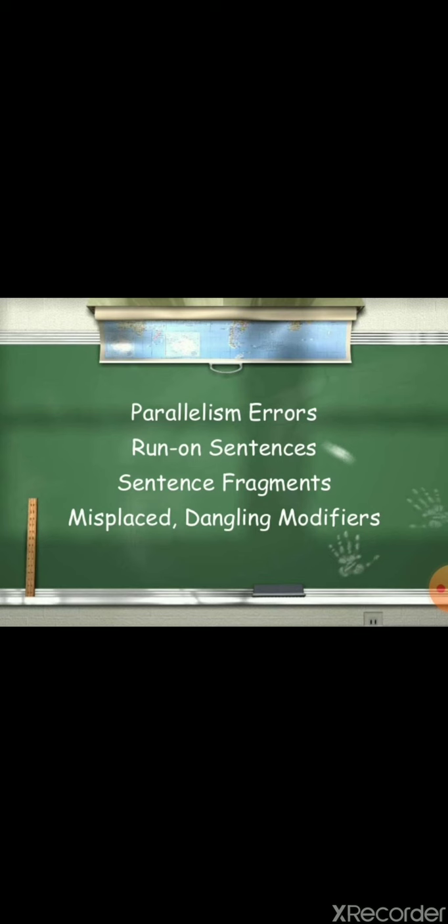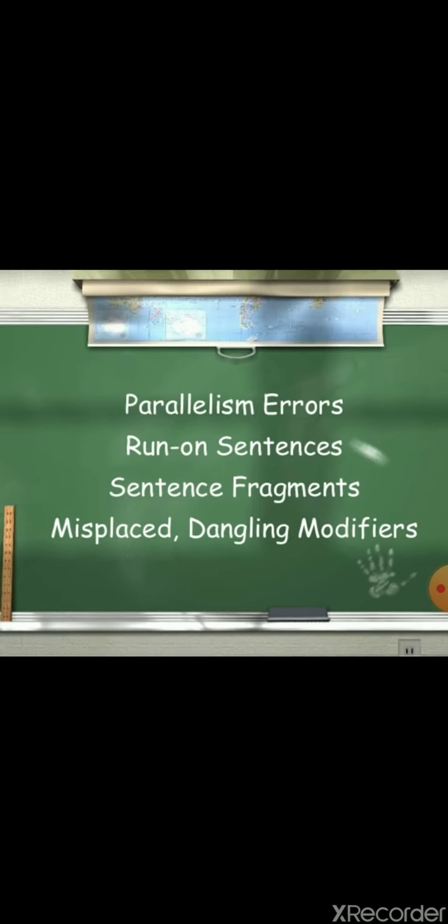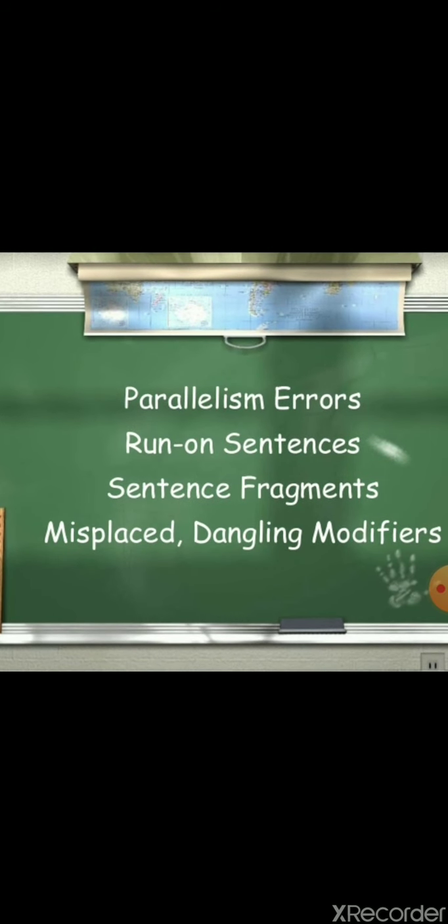Now sentence fragments. What is that? Very simple to understand. Just with the word you can realize the meaning. Sentence fragments means the breakage. Sentence fragments in grammar are groups of words that look like sentences, but actually they are not sentences. If they are used as a complete sentence, then there is an error.